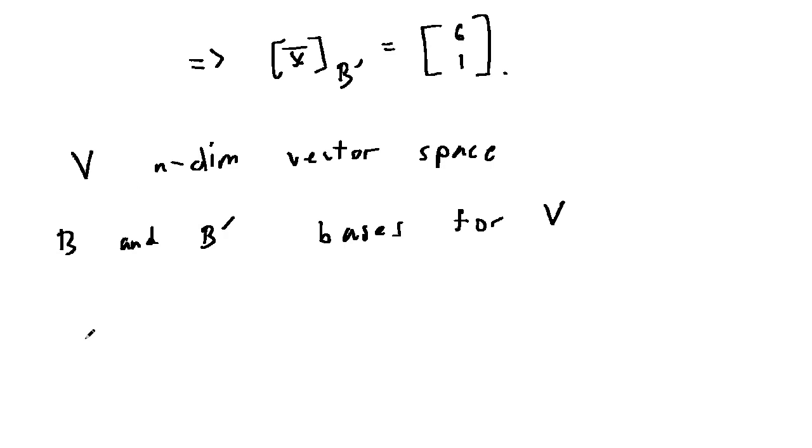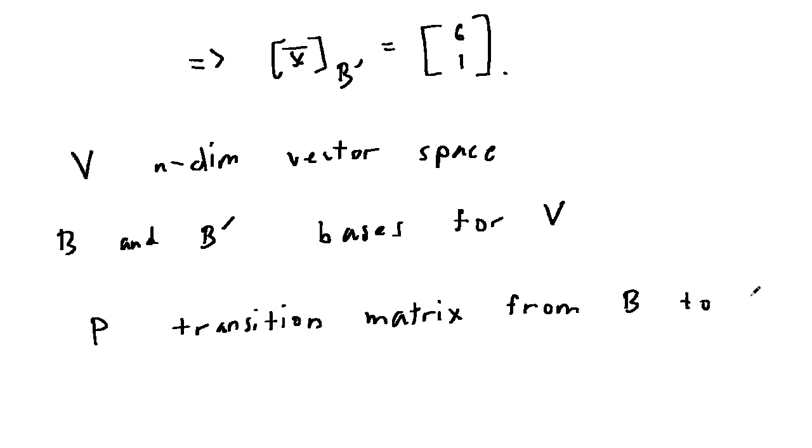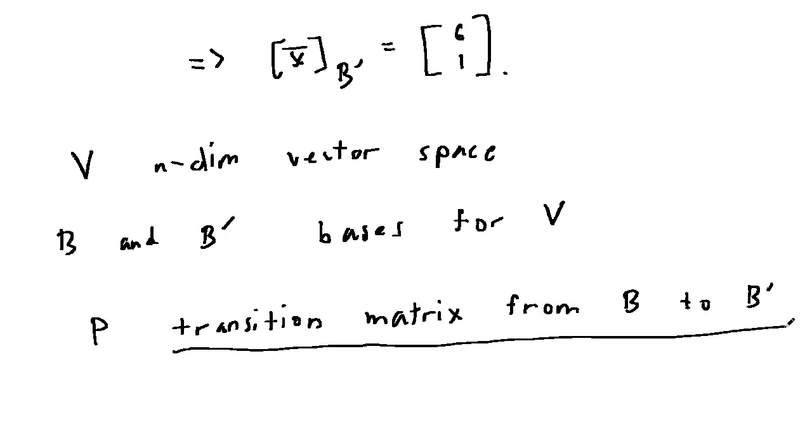There is a matrix P called the transition matrix from the basis B to the basis B prime, such that P times the coordinate matrix for x relative to B is equal to the coordinate matrix for x relative to B prime.